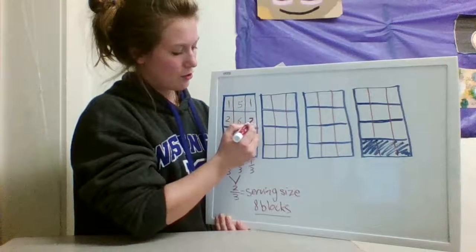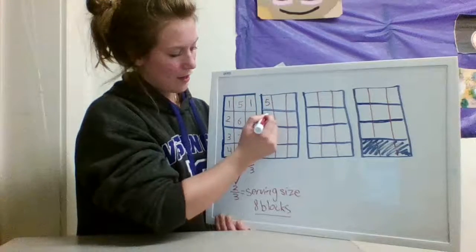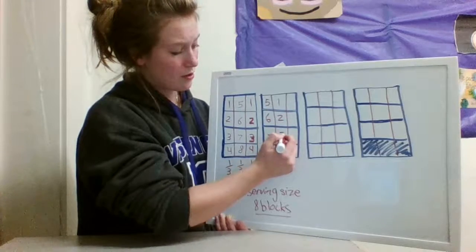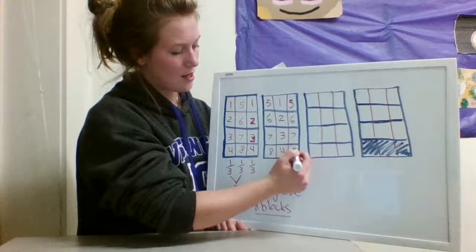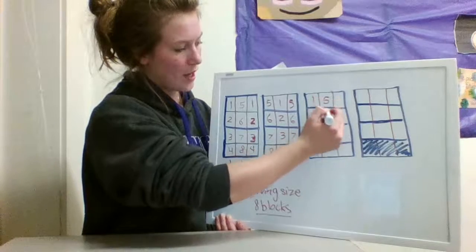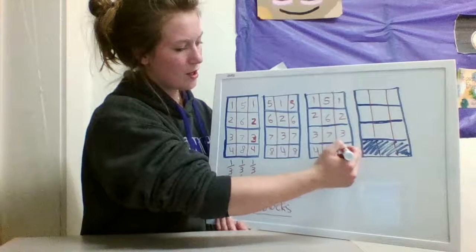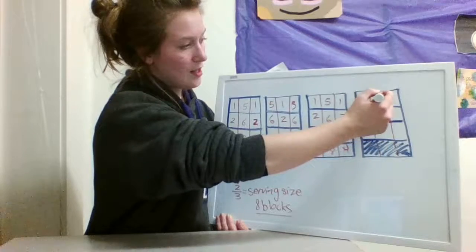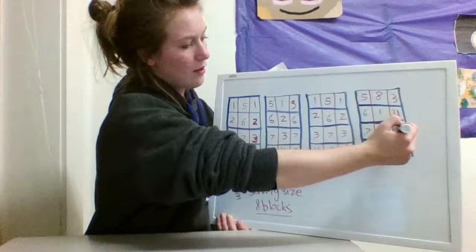So 1, 2, 3, 4, 5, 6, 7, 8, and again 1 through 8, and again, and again, and then 1, 2, 3, 4, 5.